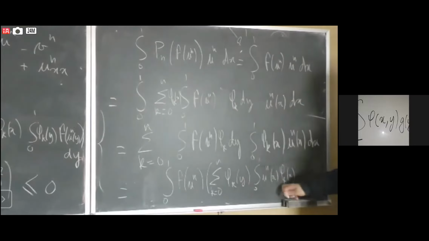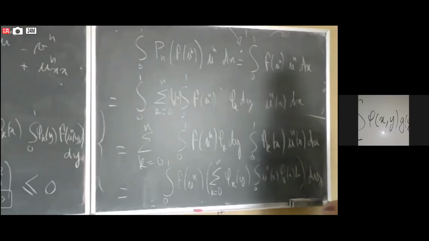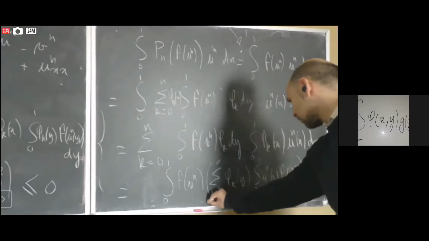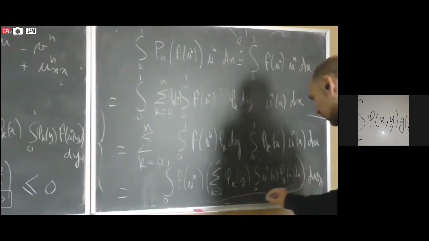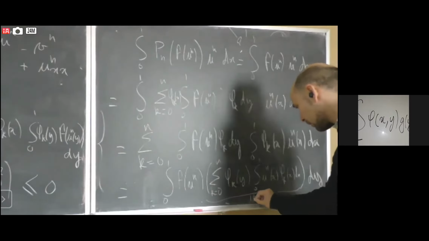So this is nothing but un k here. So all these things is just un. Here it's un of y.